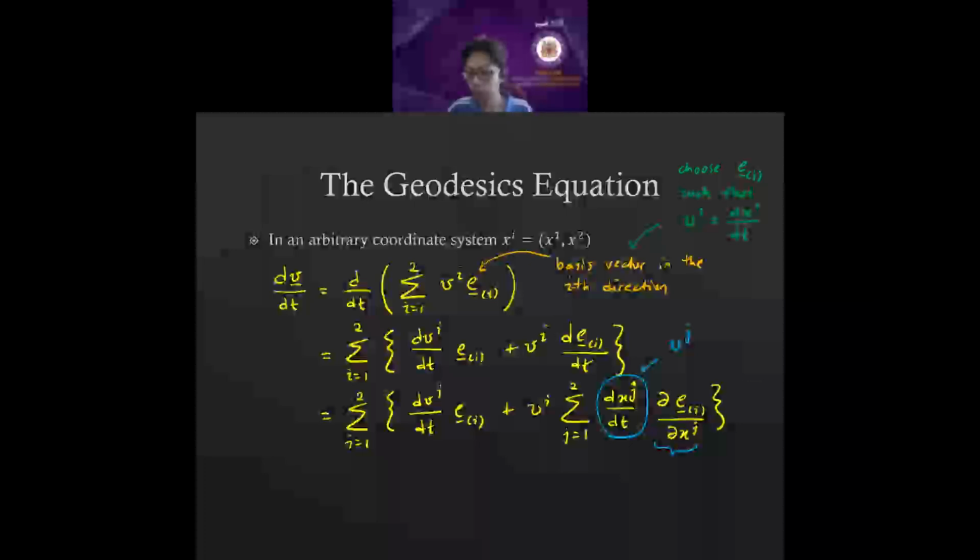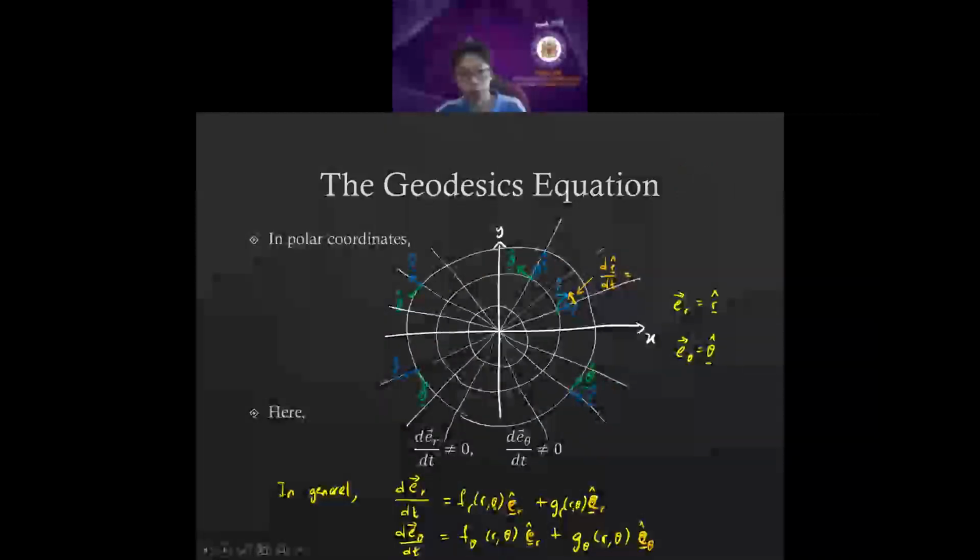In general, for each i and j, we can write this partial derivative in terms of superpositions of the basis vectors, similar to what we did over here.